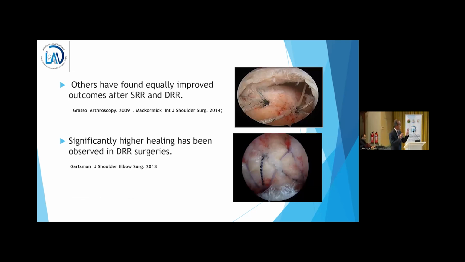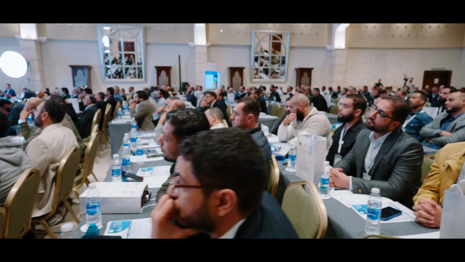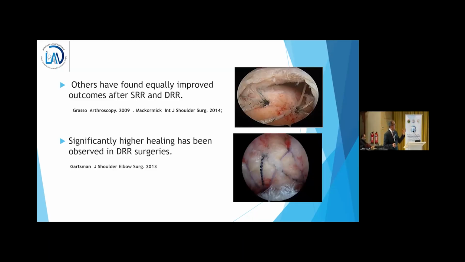Others have found equal improvement in outcome whether using single row or double row. Like here, a fantastic article, Lejgrasso, Arthroscopy 2009, shows that there is no difference. Significantly higher healing has been observed in the double row technique, Grassman 2013.